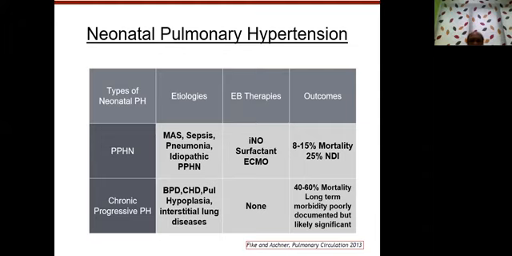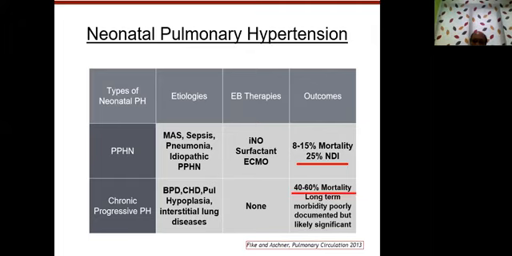When you put all these etiologies and the types of pulmonary hypertension together, either PPHN due to secondary causes or chronic progressive, and the evidence we have in terms of treatment, what is most important in this slide is to see the outcomes in a child with pulmonary hypertension. What surprises is that around 25% of these babies can have long-term neurodevelopmental impairment.